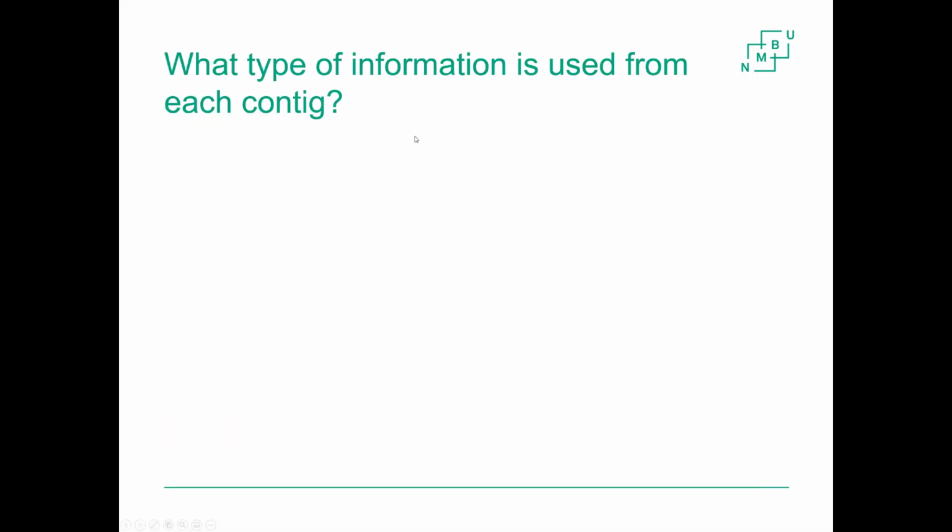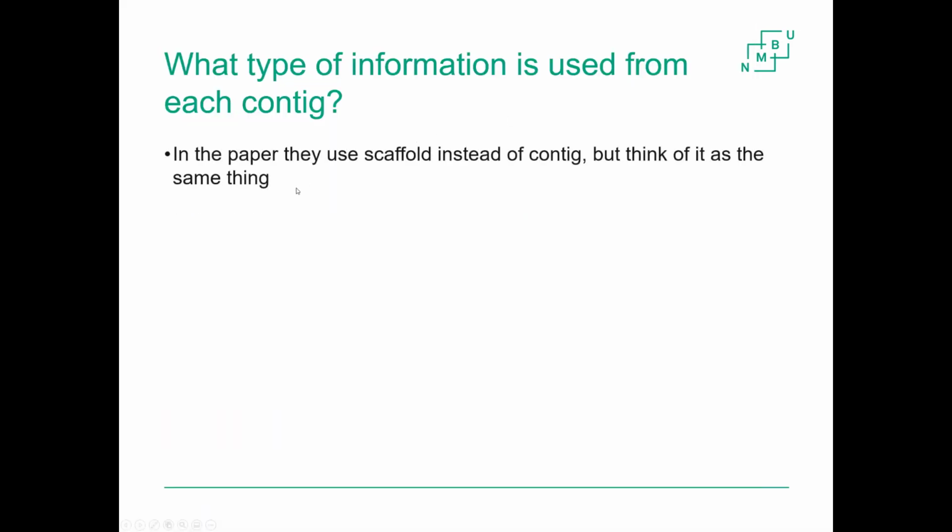And what does it actually mean? First of all, they talk about scaffolds in this paper, right? Scaffolds instead of contigs, which we usually call them. But think of it as the same thing. A scaffold is slightly bigger than a contig. You glue the contigs together into a scaffold, but usually we don't care about this difference.